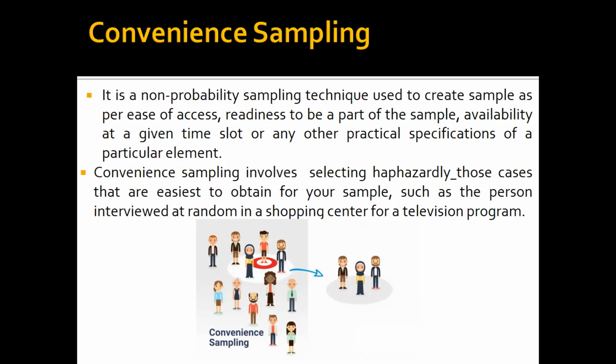Those villagers who live nearby are the first ones to reach there. And without wasting our time, we decide, okay, let us start asking information from them, and we'll see when the others come. So these are the people who were conveniently available, and we collected a sample from them and pursued our study. This is what convenience sampling is all about.